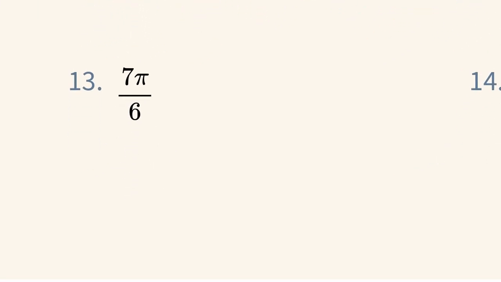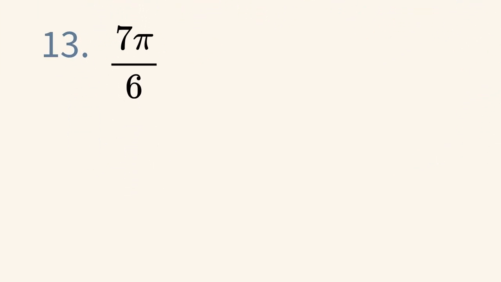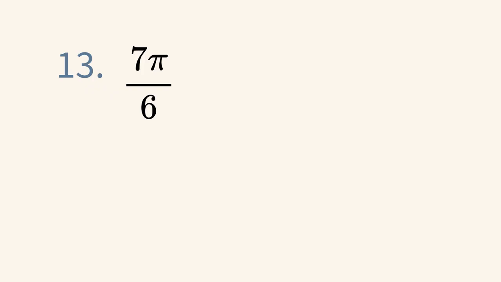Now, looking at 13. Is this in degrees or radians? Good. This is in radians. And now what am I multiplying by for radians? Good, 180 over pi. Another way to think about it, if you wrote this the wrong way, you cannot cancel out your pi's. From radians to degrees, you have to be able to cancel out the pi's because you want a whole number. So in this case, your pi's are going to cancel out.